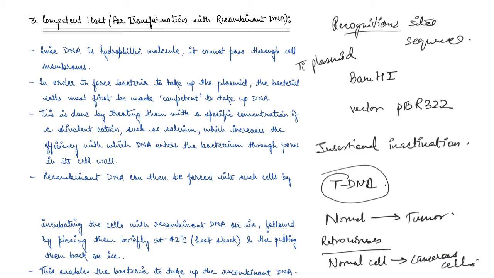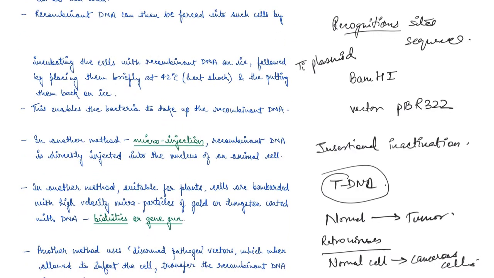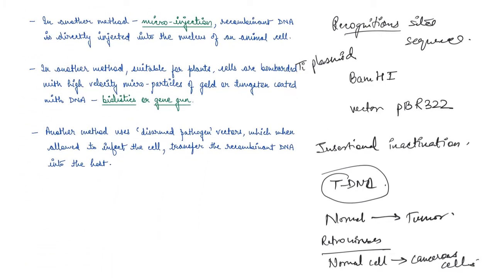So cooling down and then giving heat shock and doing it again and again, this enables the bacteria to take up the recombinant DNA, right? So this is one method. There is another method where we micro inject. So the method itself is known as micro injection, where we inject the recombinant DNA directly into the nucleus of the animal cell, right? So there's micro injection as well.